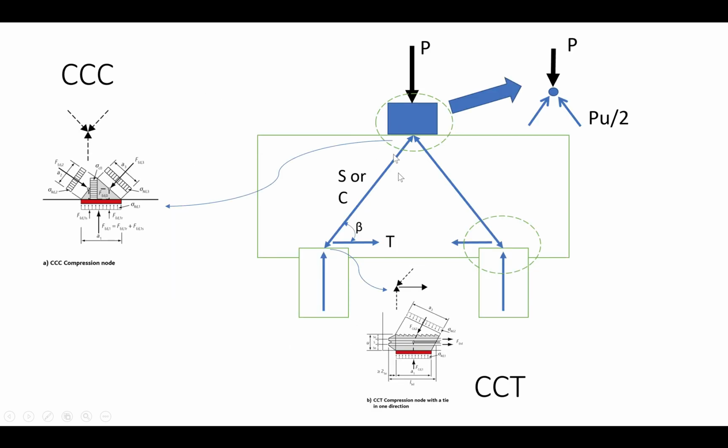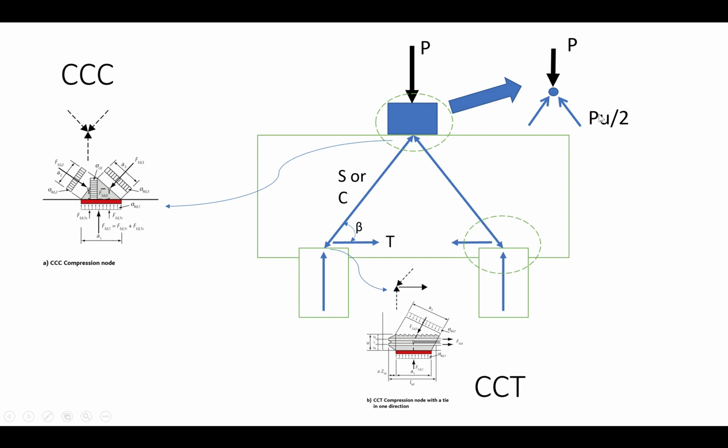If you look at this pile cap, it is supported by two bored piles and has one column applied above the pile cap. You see, this is the applied load, and this node also has two reactions.